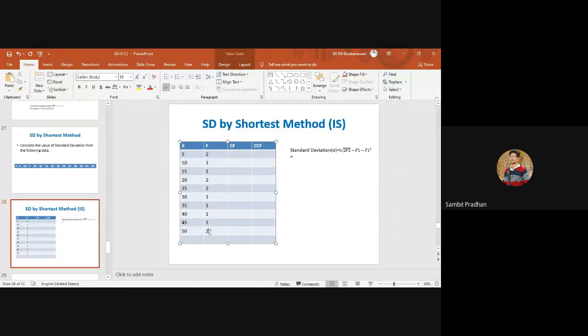Clear to all? So what is the sum of frequency here? 5 for one time. 25 appears two times. In the fifth column, that is 25 again. After 2040, there is a 25.